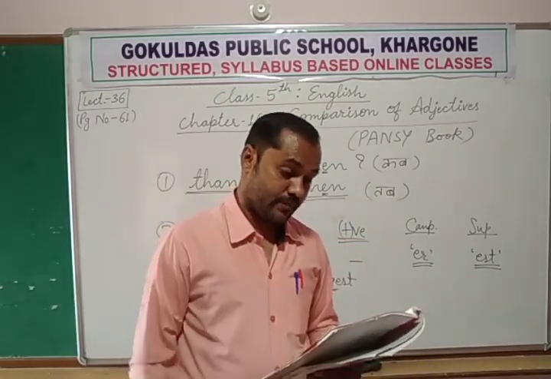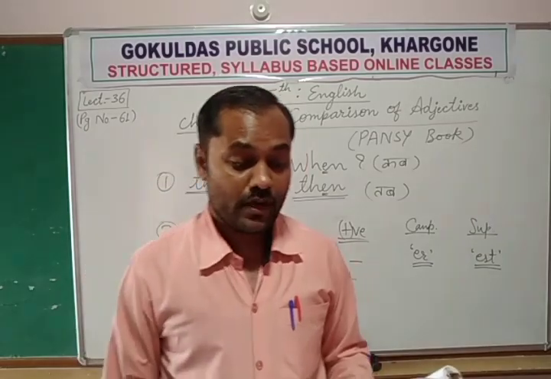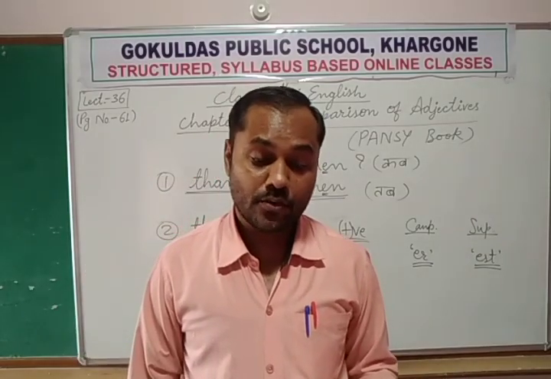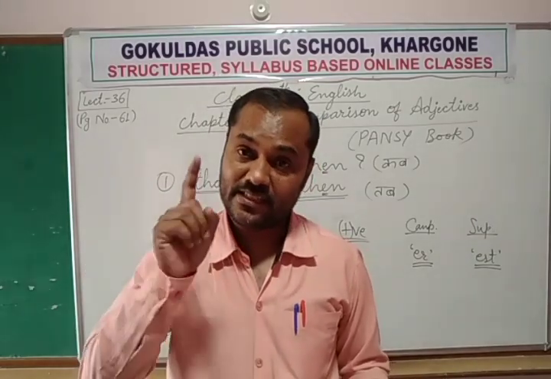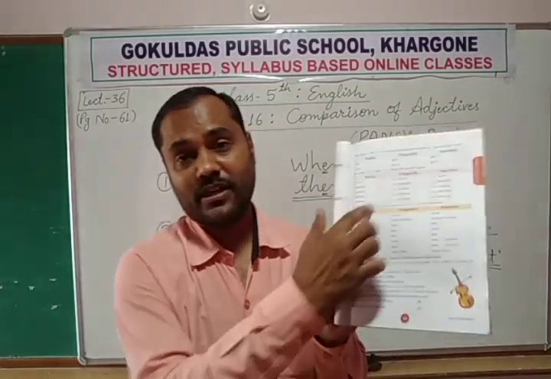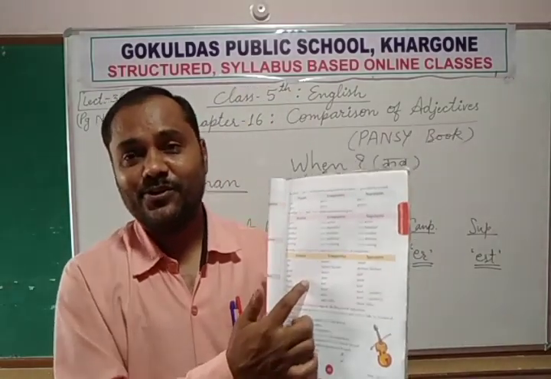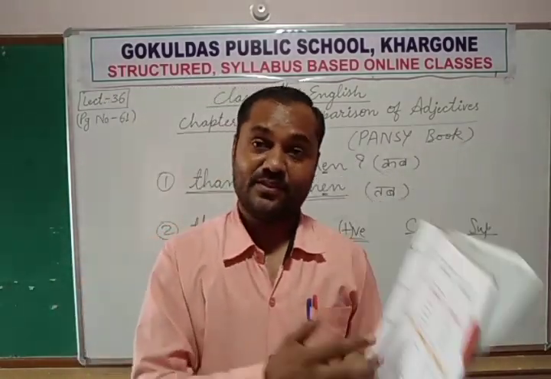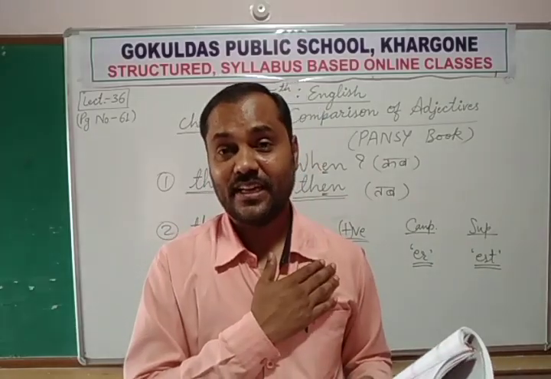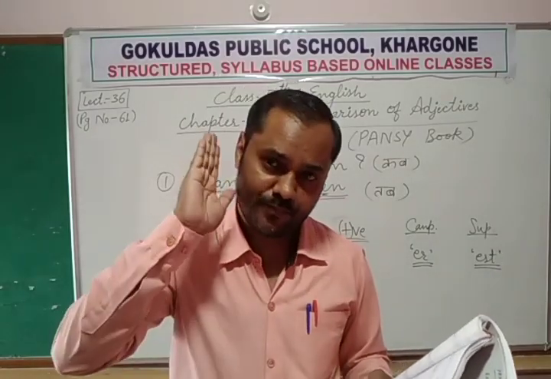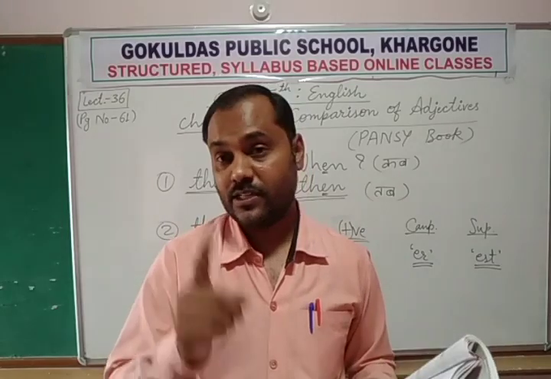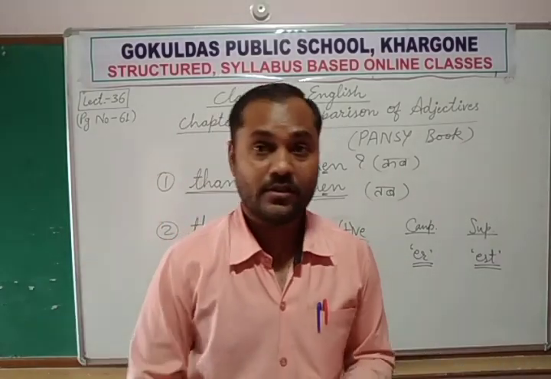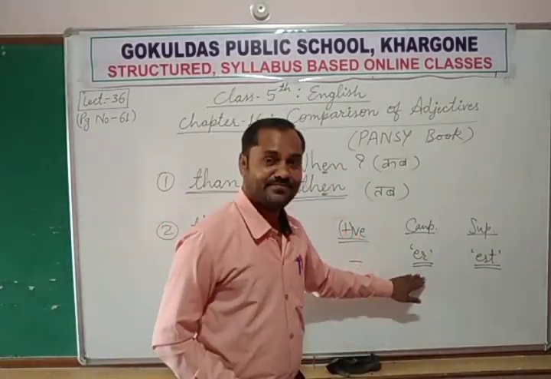Table number 6: by adding more and most before the positive degree. That is the main thing. These last two tables you need to learn by heart. You just have to memorize these words, otherwise you will make mistakes, because they don't follow this rule.